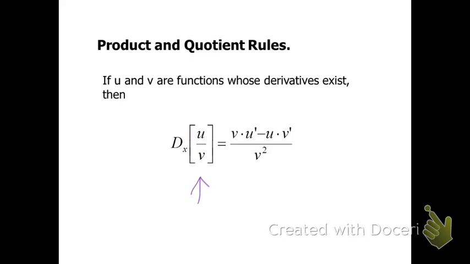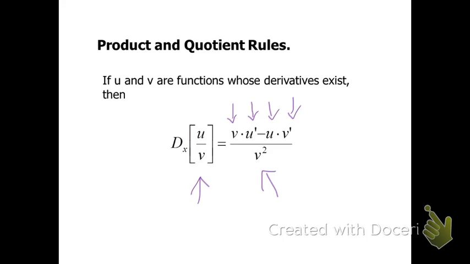The rule says take the function in the denominator and multiply it by the derivative of the function in the numerator. Then subtract the product of your function in the numerator multiplied by the derivative of your function in the denominator. And all of this expression is going to be divided by the square of your function in the denominator.